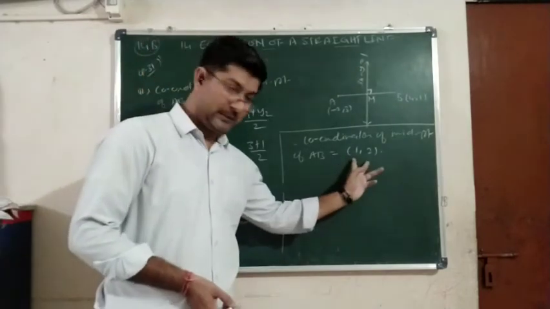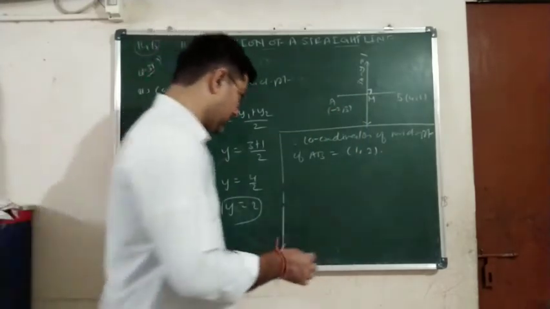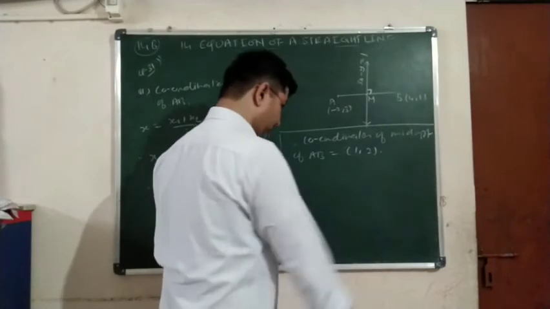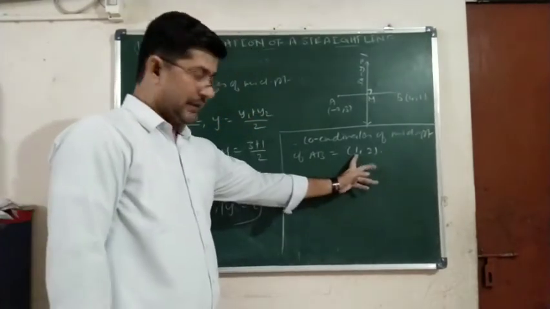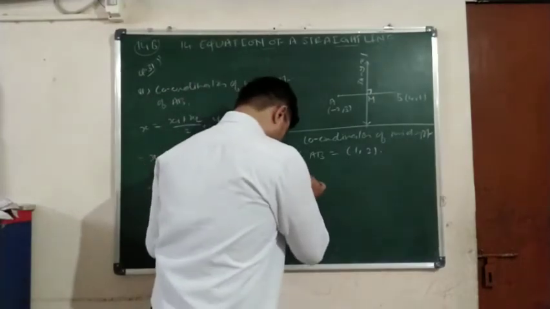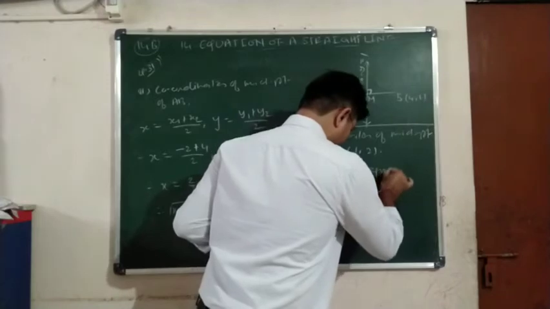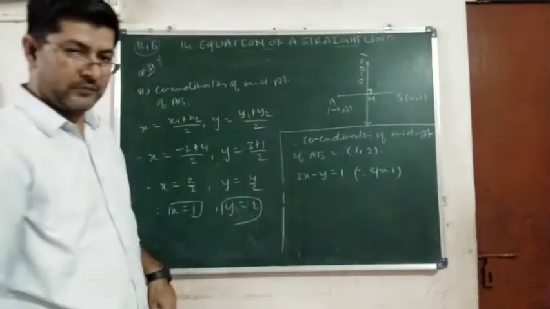Now we know that if any point lies on the line, then its coordinates will satisfy the equation. So substituting the values of x and y in the equation 3x minus y is equal to 1, this is equation 1, the given line, yes or no?